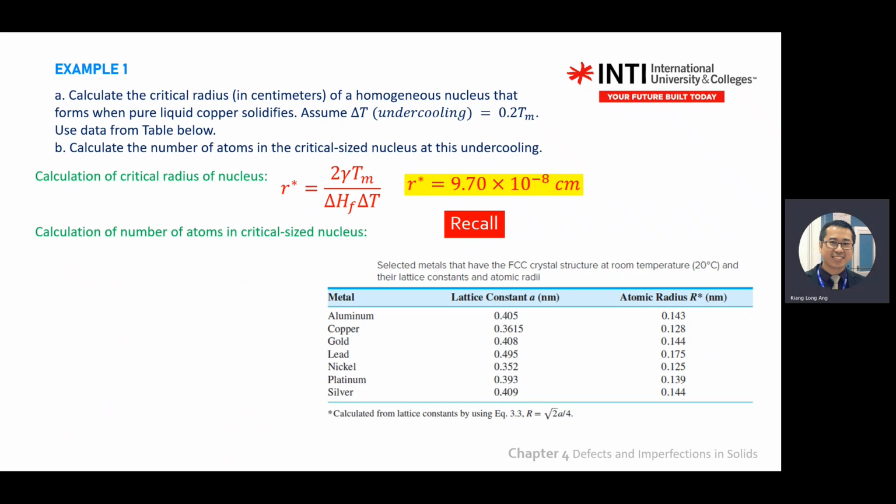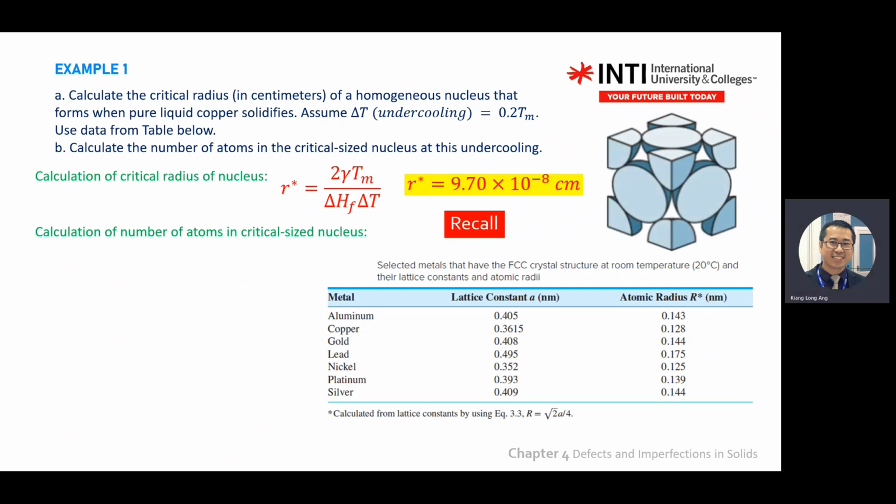In this case, copper falls under the FCC crystal structure. So your A is 0.3-something, and the atomic radius R is 0.128. FCC crystal structure is what you see on the screen here. It's a face-centered crystal structure.